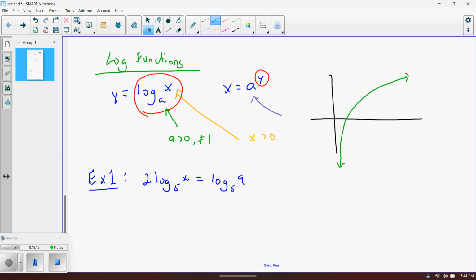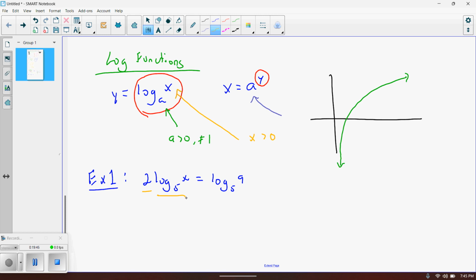Right now, what I have over here is a 2 times the log. But remember, a log is an exponent. So when you multiply an exponent by a number, it's because what you really had was the exponent raised to another exponent. That might all be confusing. A lot of people just remember the property, and that's fine if you need to for now, but that is the reason why you're going to do what we're getting ready to do.